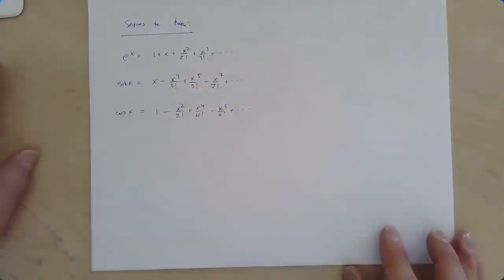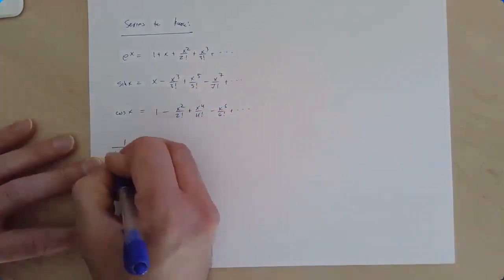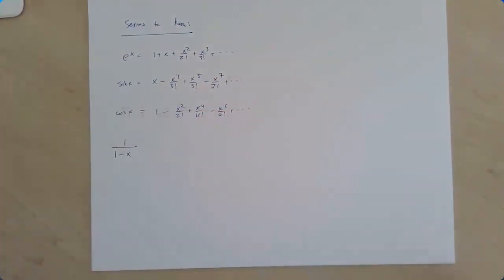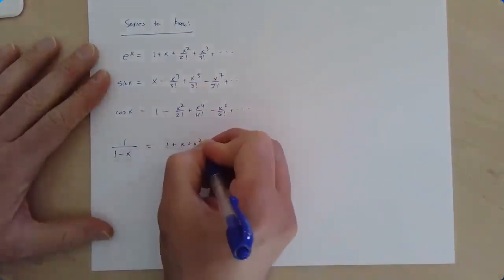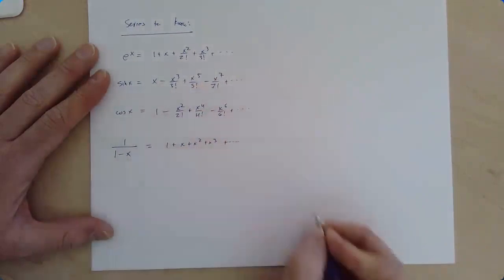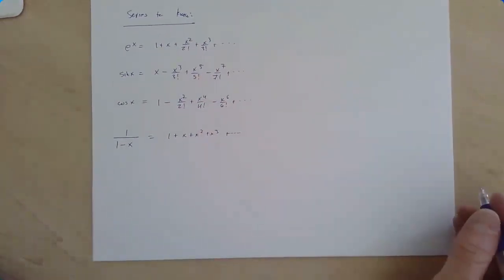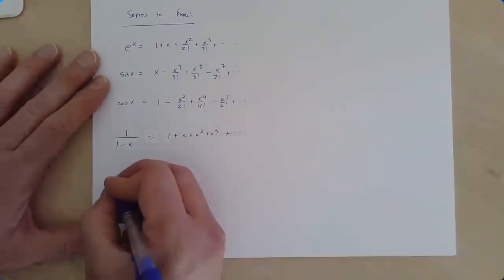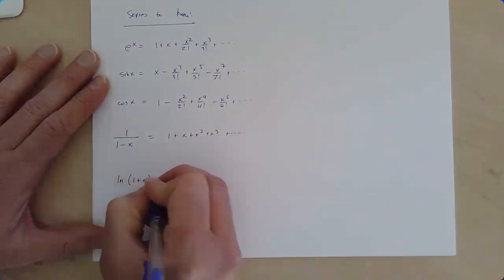Couple other ones I think we definitely should know: the 1 over 1 minus x. That's kind of the thing that started this whole conversation. That's just 1 plus x plus x squared plus x cubed, so on and so on. And then I will be perfectly honest, I always forget this next one, I always have to work it out. The natural log of 1 plus x.